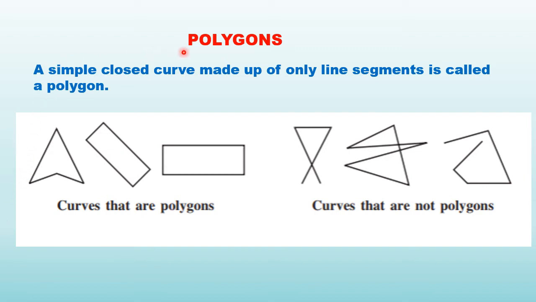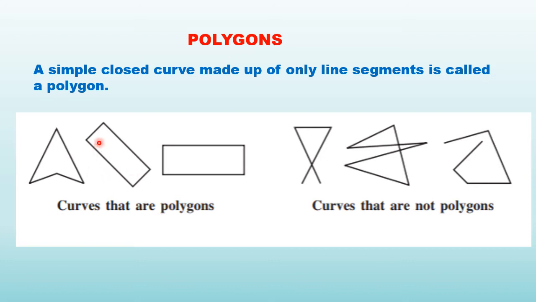Now we'll talk of polygons. What are polygons? Previously we read about closed curves. Polygons are definitely closed curves, but they are not made up of any circular lines. No curves are there.